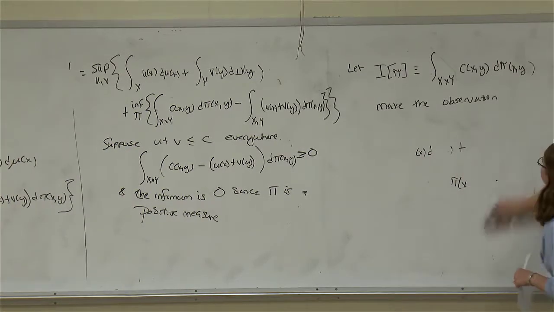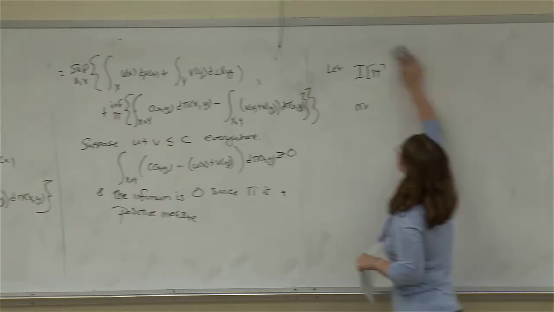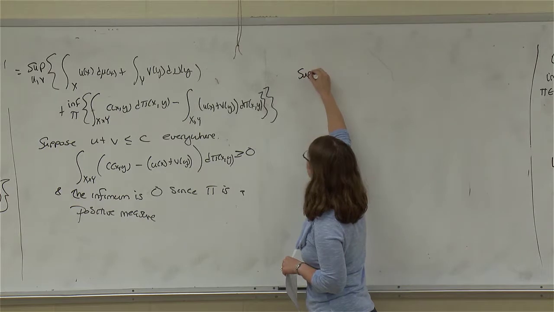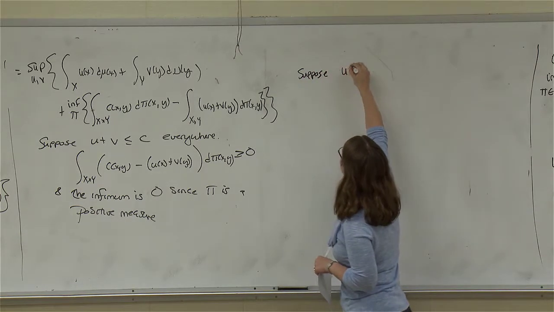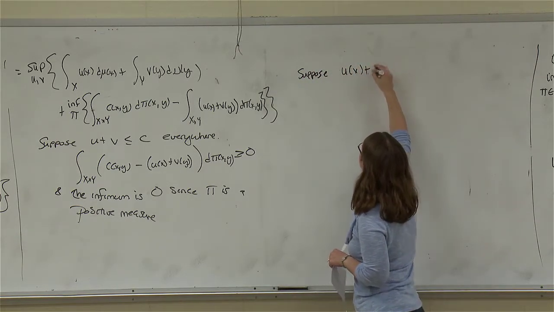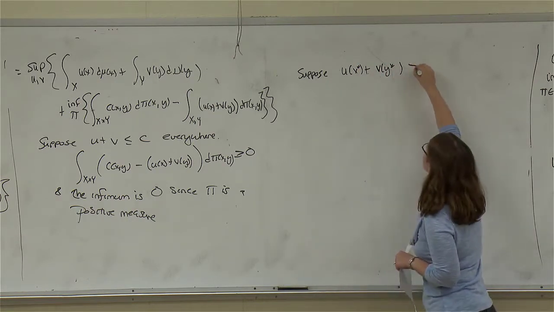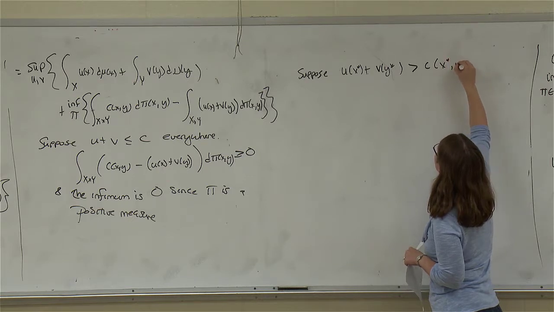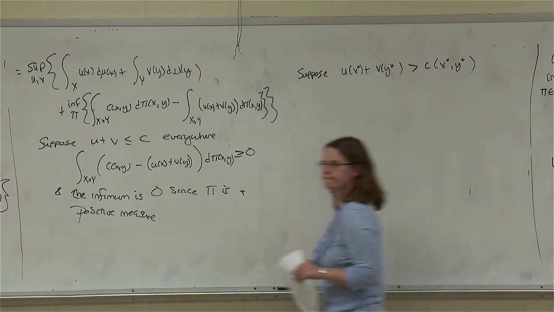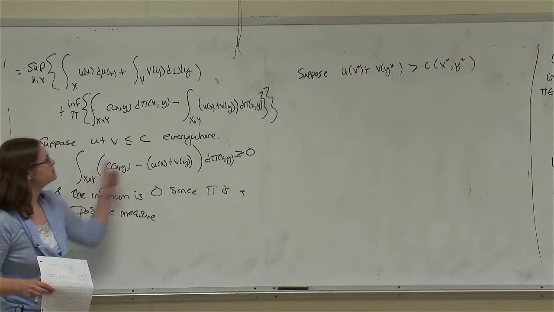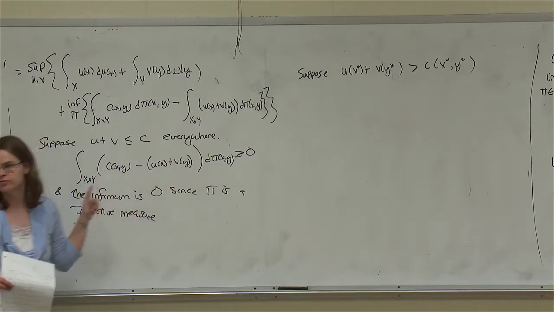Okay, what if we don't live in the constraint set? Now let's suppose u of x star plus v of y star is strictly greater than c of x star, y star. Okay, that means at some point this integrand here is negative.